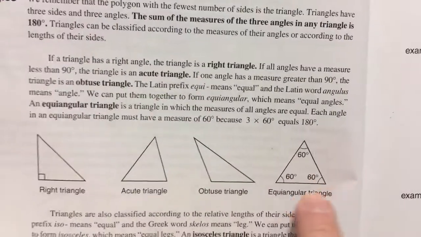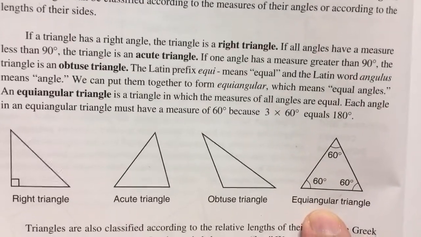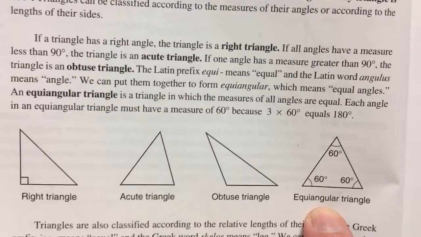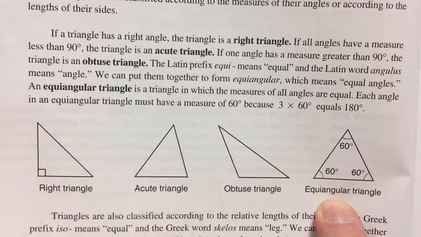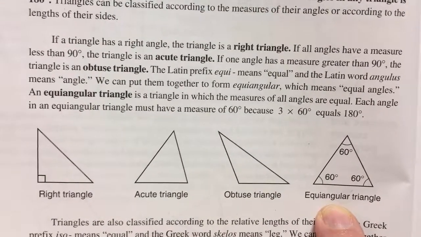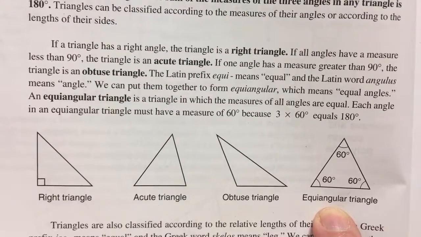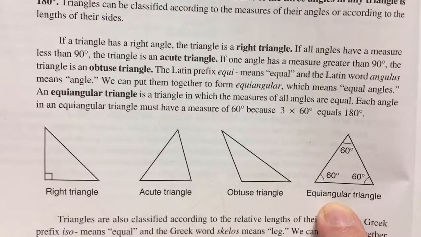And if all of the sides are equal and all of the angles are 60, then we have an equiangular triangle. It's also called an equilateral triangle. The only way that you can have an equiangular triangle is also to have an equilateral triangle. We'll talk more about that rule later.